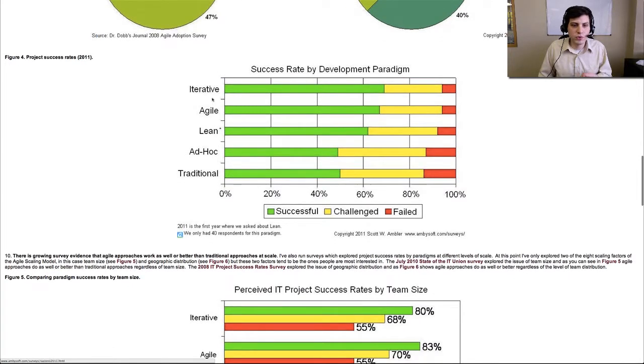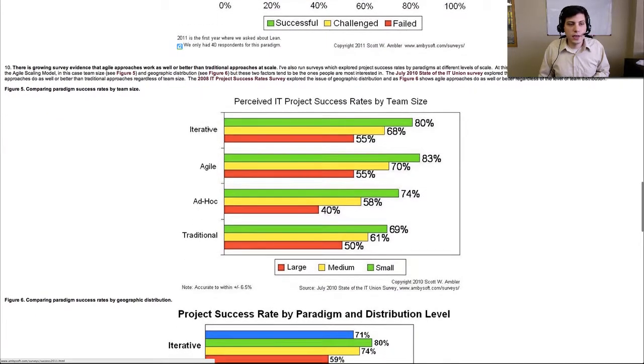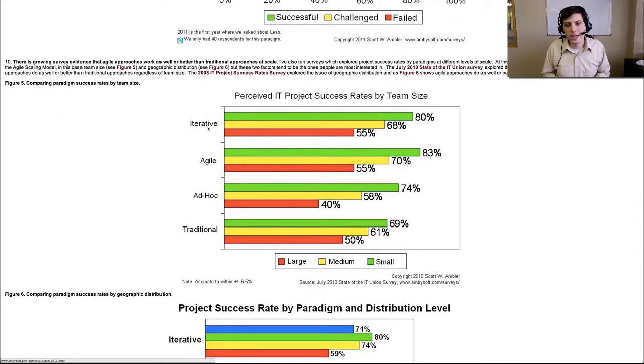There are a couple of different terms here that all speak to an agile methodology. Iterative, agile, and lean are all very similar. And the idea is that by doing an iterative process based upon a backlog, we're able to develop in a much more successful manner.